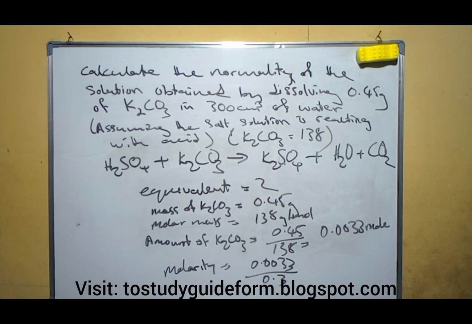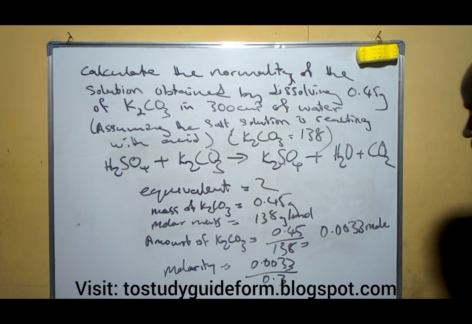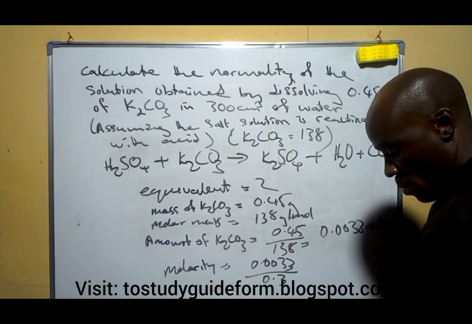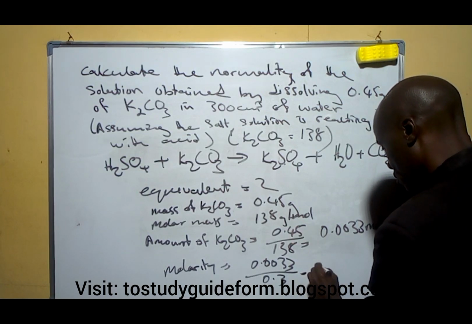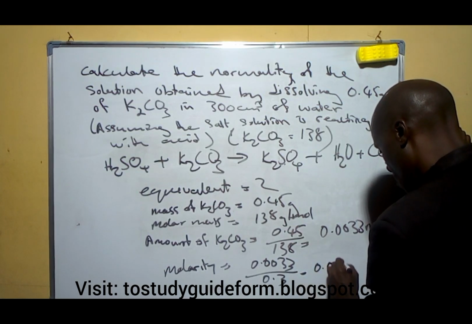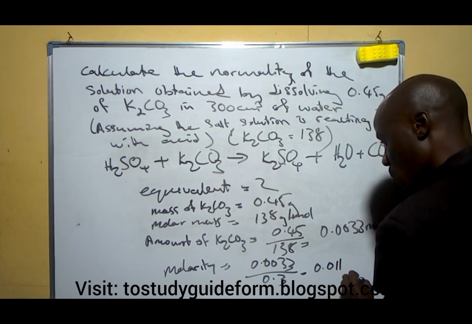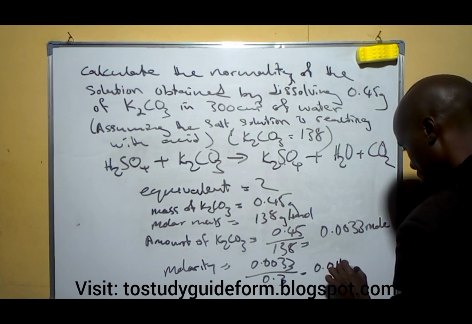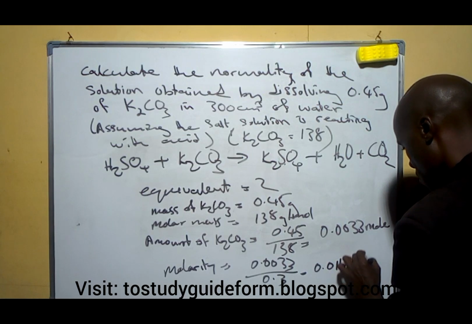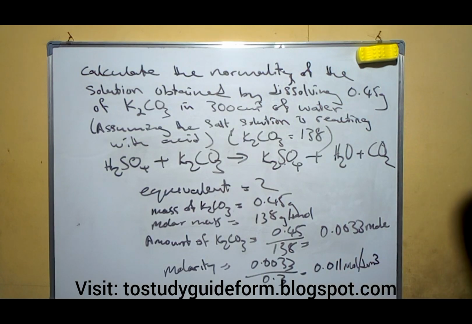When we divide it, it will give us 0.011 mole per dm cube, or per liter.